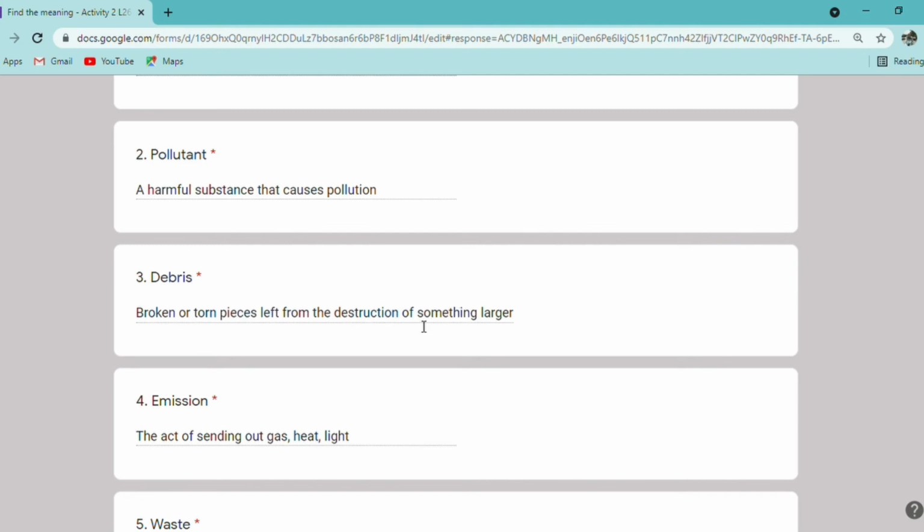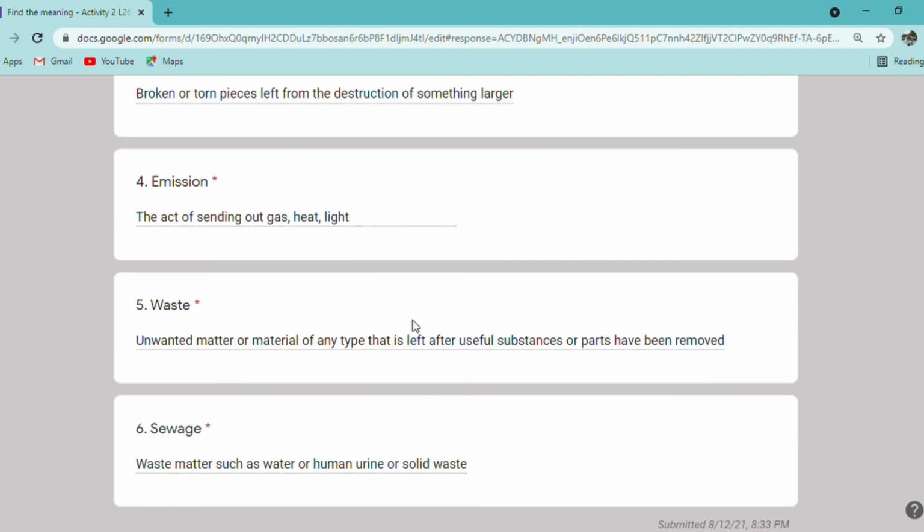Continue to the fifth word, which is waste. Waste is an unwanted matter or material of any type that is left after useful substances or parts have been removed. The last word is sewage.